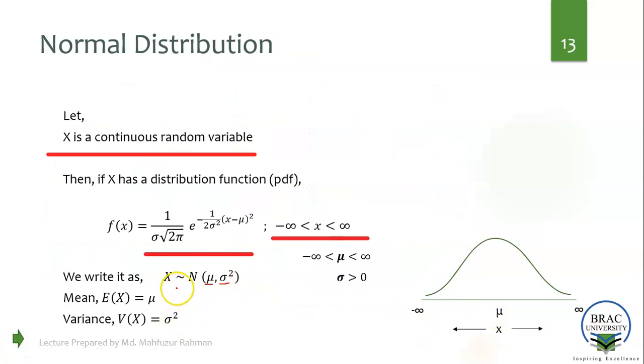Now here we have that x follows a normal distribution with mu and sigma square. This mean and variance are the properties of this normal distribution, or you can say the characteristics of this normal distribution. And this population mean mu and the population variance sigma square, if you replace these two with 0 and 1, you can say that it will follow a standard normal distribution z with mean 0 and variance 1.